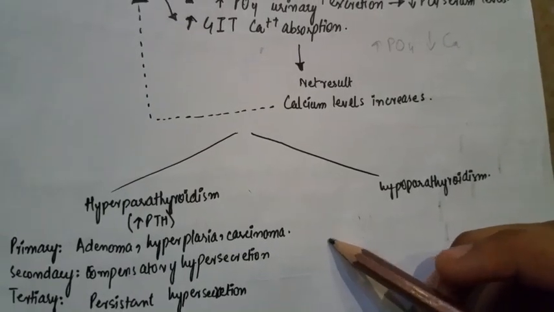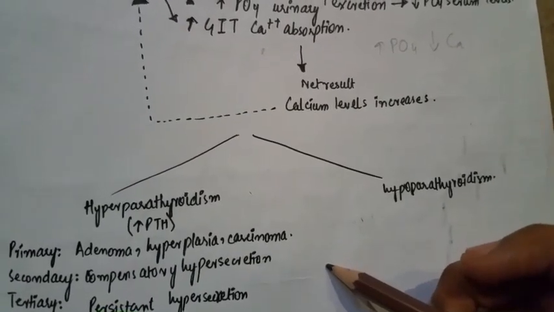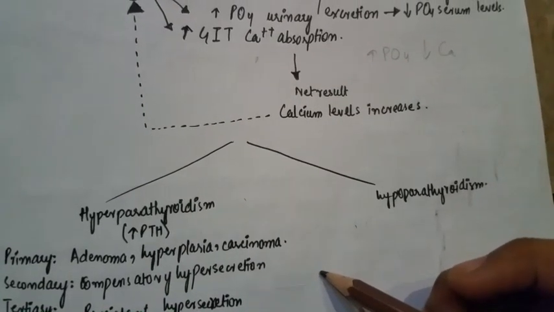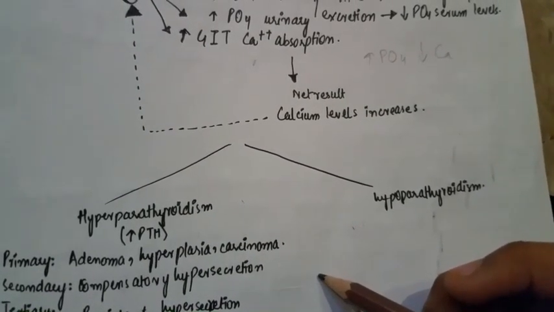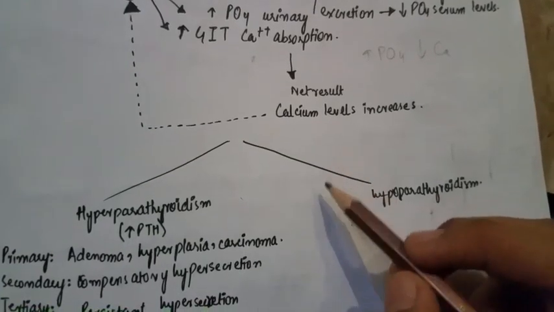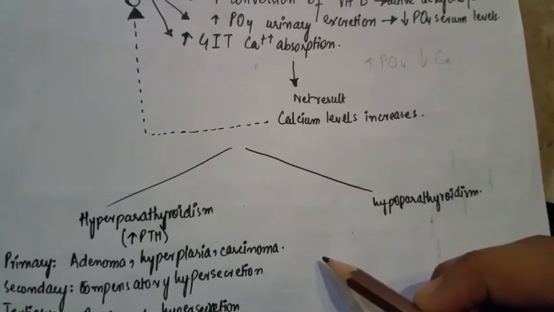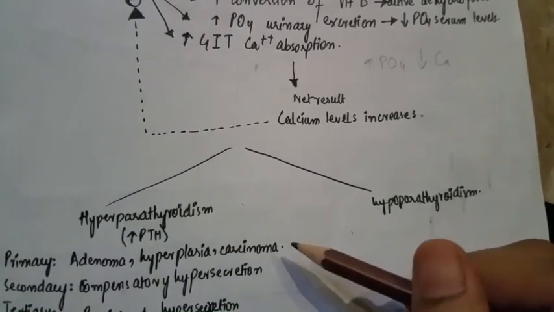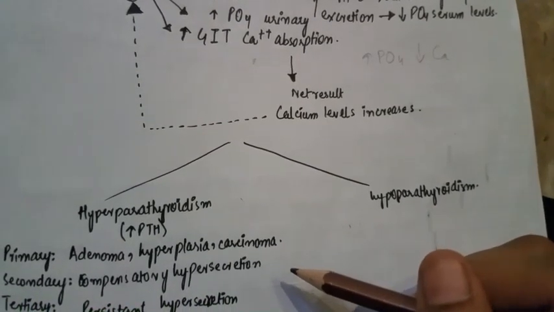Primary: what is meant by primary hyperparathyroidism? When there is a problem in the parathyroid gland itself, it is known as primary hyperparathyroidism. It means adenoma of the parathyroid gland, hyperplasia of the parathyroid gland, or parathyroid carcinoma. What is meant by secondary?